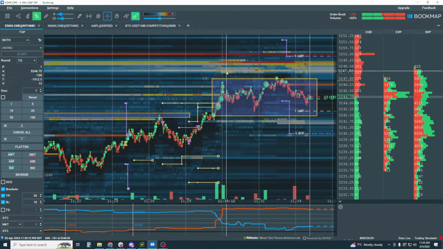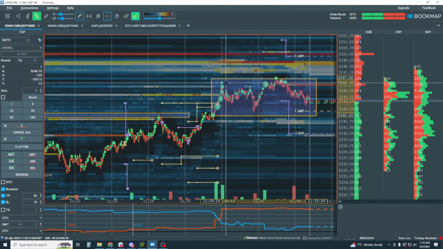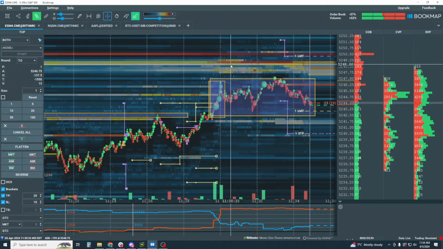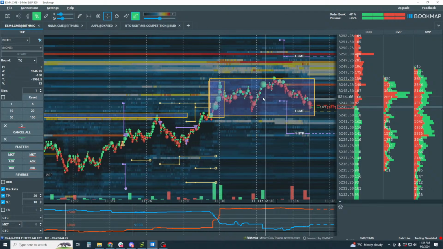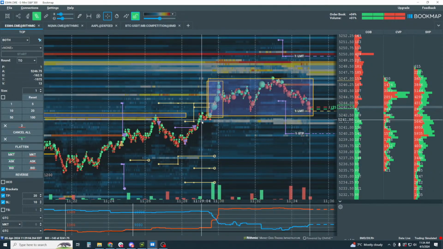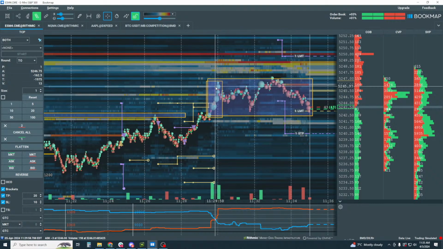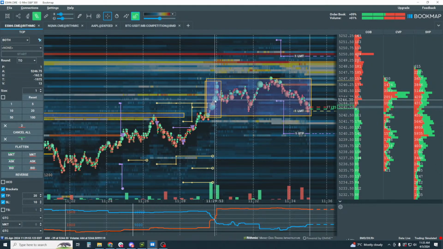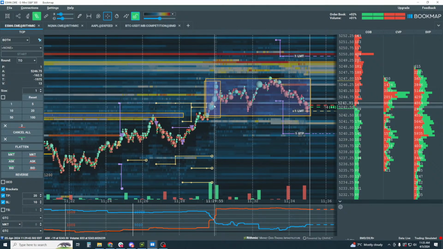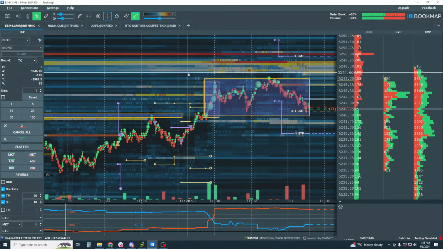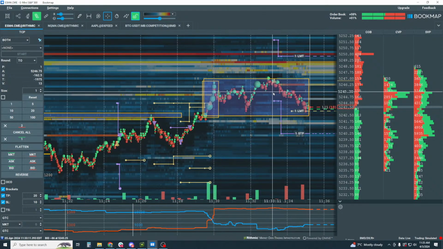Okay, and this is why I want to go through these things about, I really don't like calling these things a flag pattern or whatever kind of pattern it might be. It's about understanding this move in here, and that it accepts in that area. Right, this was our impulse move, and then we're looking for the acceptance in this area. Right, that's the concept.